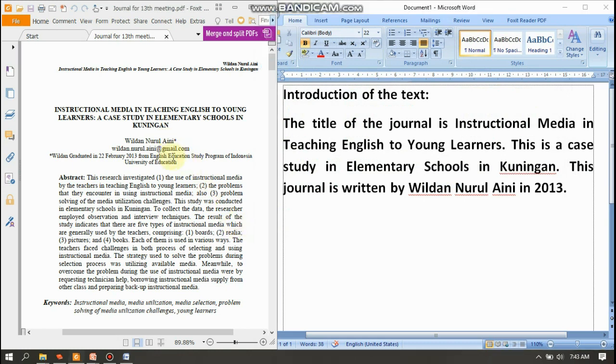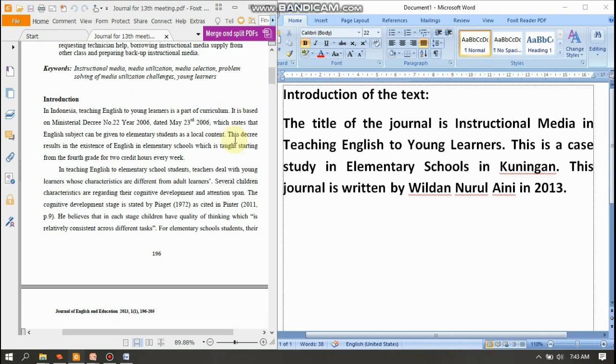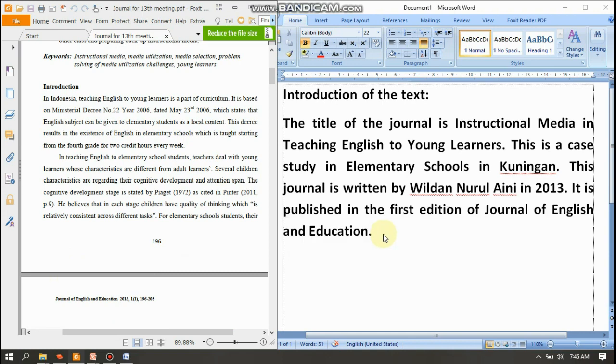This is not important. Let's see about the journal itself, the magazine, I mean. So, we can write, it is published in the first edition of Journal of English and Education.